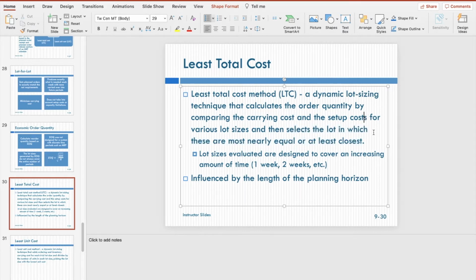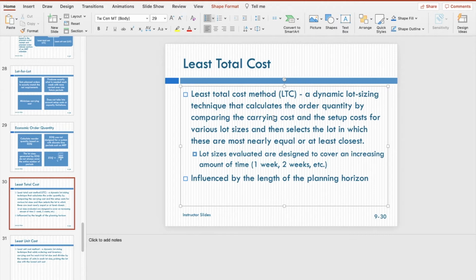So under this technique, you are still balancing, or having a trade-off between, the two different costs.